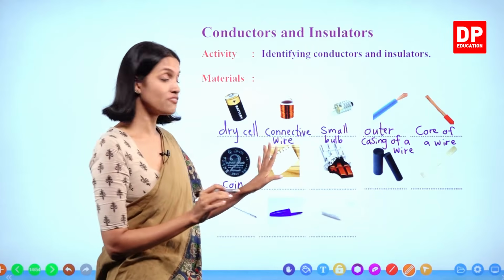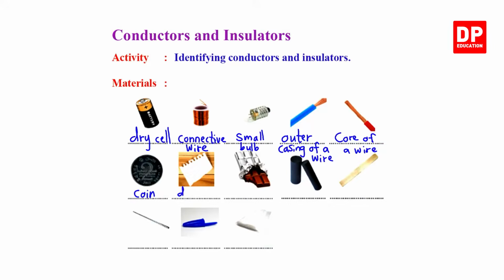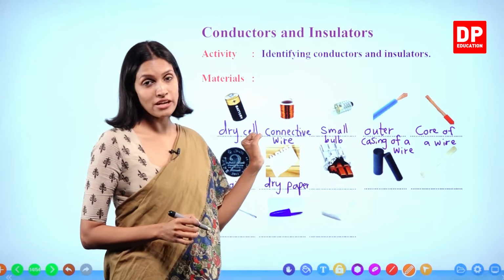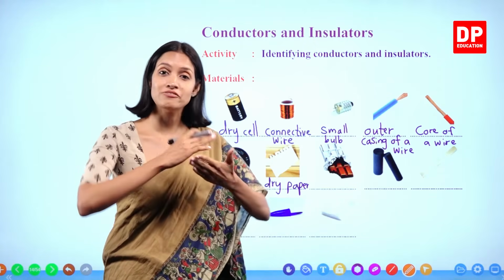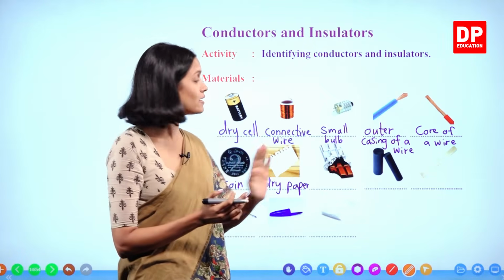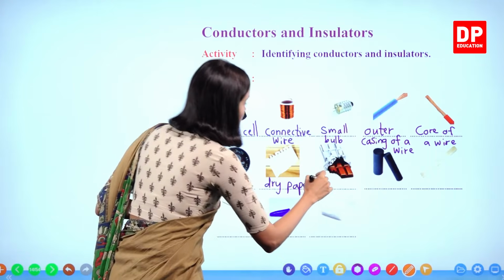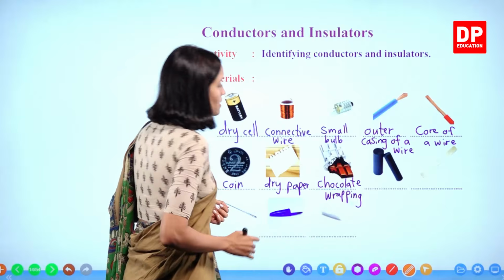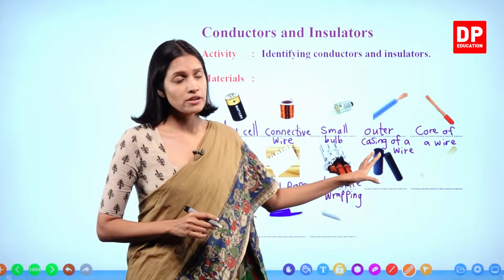Then we need a piece of dry paper. And then we need that metallic wrapping of a chocolate, right? You all know that chocolate comes wrapped in metallic paper. We need a piece of that as well. Chocolate wrapping.